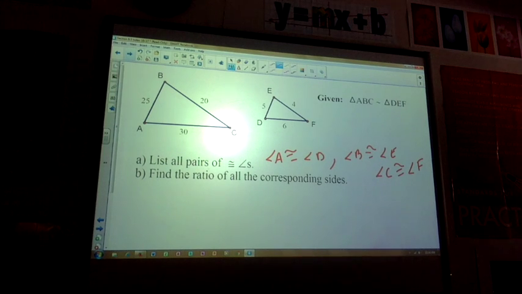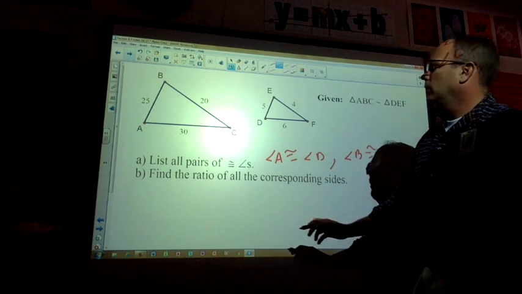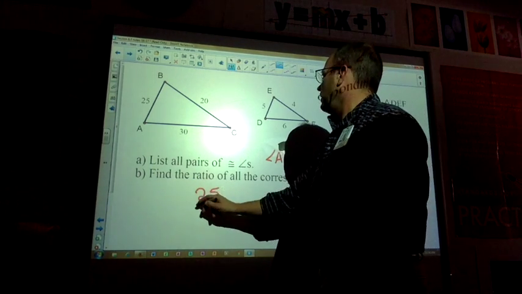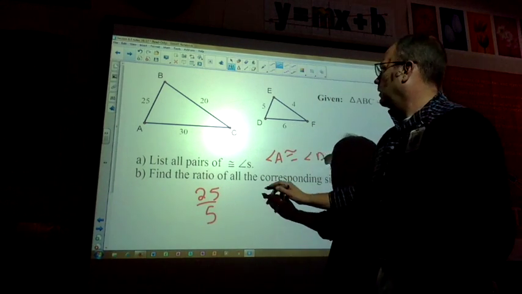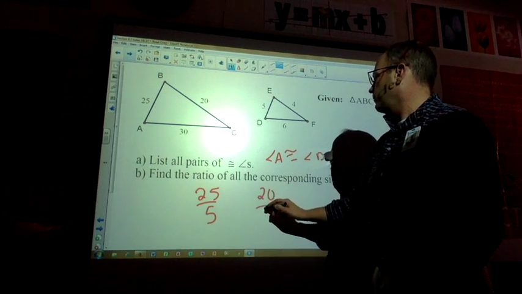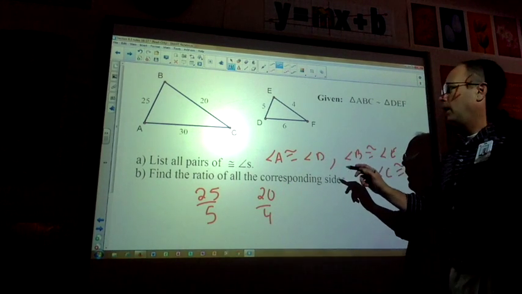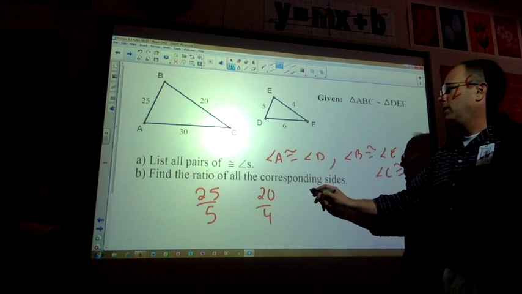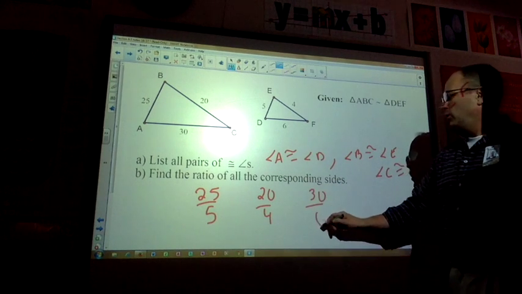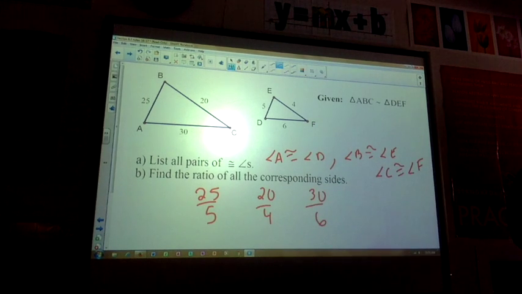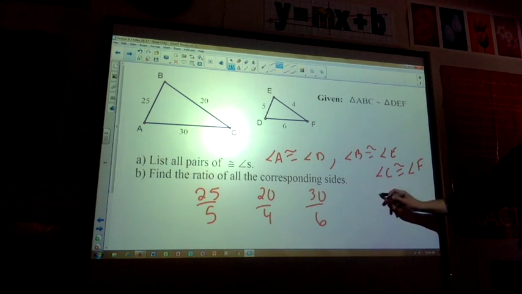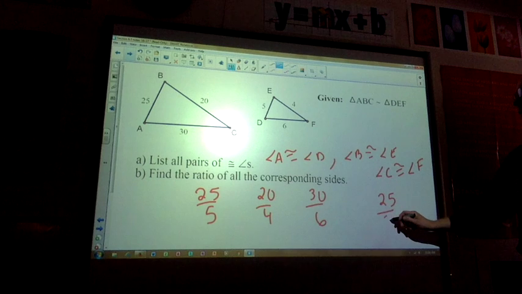Find the ratio of all corresponding sides. So 25 to 5, 20 to 4, 30 to 6. You could do the flip-overs of any of those, but there are other ratios that could happen. Could this one happen?